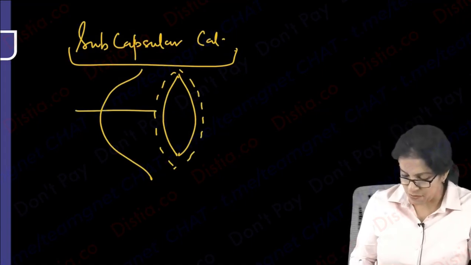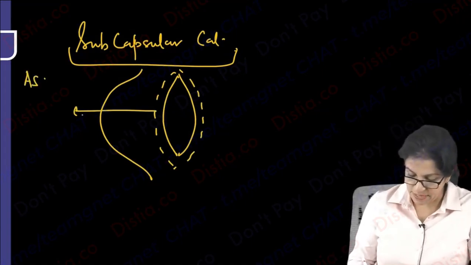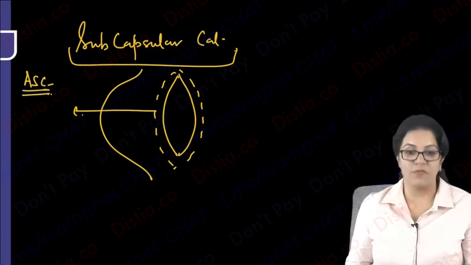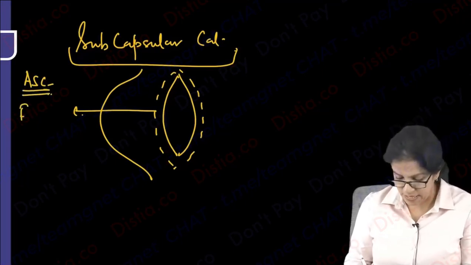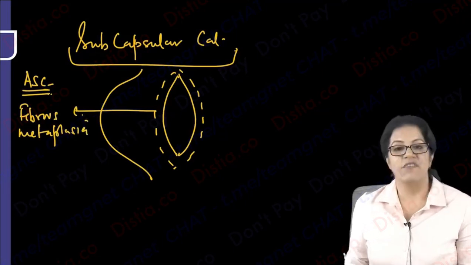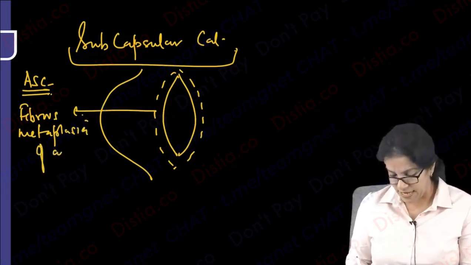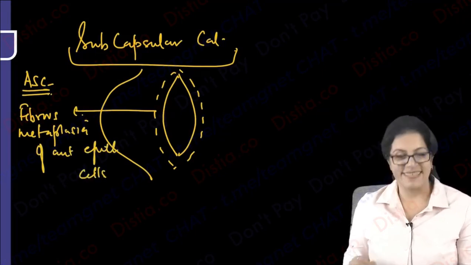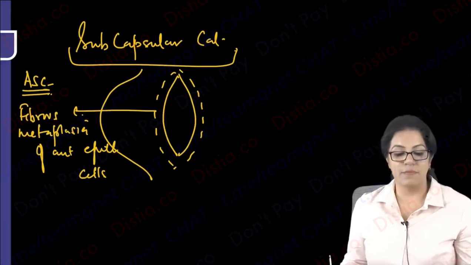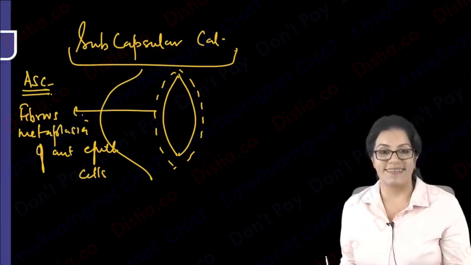Let us write a few points here. Anterior subcapsular is due to fibrous metaplasia of anterior epithelial cells. That's it. Anterior subcapsular we are going to learn in toxic cataract.